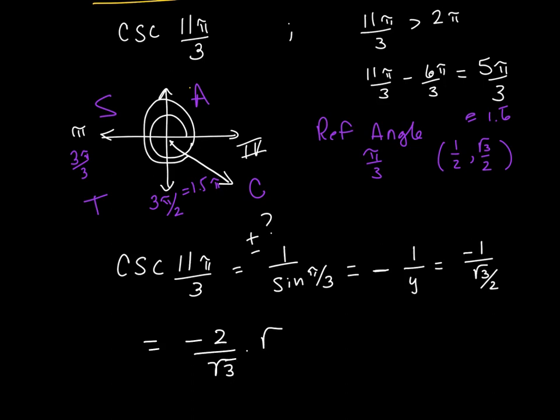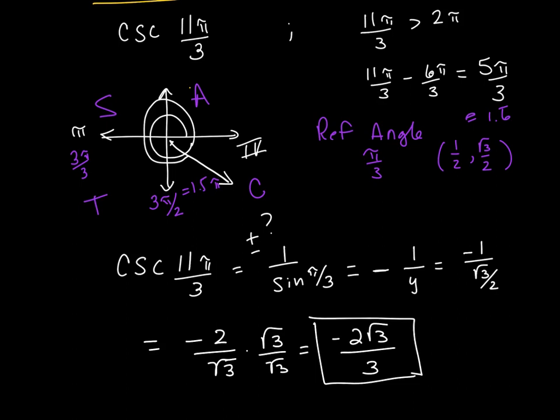Now you rationalize that, which becomes negative 2 square root of 3 over 3. Just to note, whenever it is 1 over a fraction, that is equal to the reciprocal of whatever the denominator is.